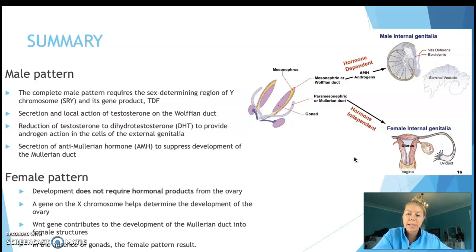And then the WNT gene contributes to the development of the Müllerian duct later on into female structures. And in the absence of gonads, the female pattern will result. Again, estradiol is needed, which is a hormone, but that is later down the line.